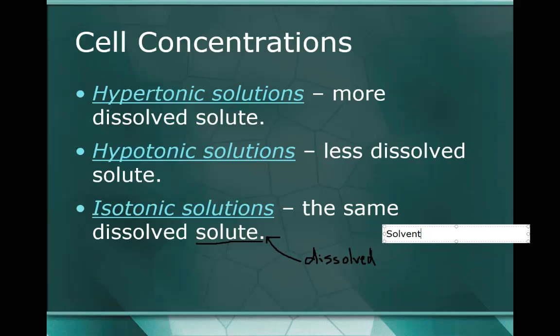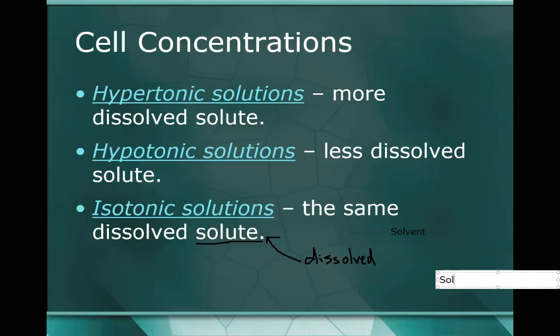So solute is dissolved, solvent does the dissolving, and together those produce a solution. Let's go ahead and do our drawing tool. Solvent plus solute come together, and that's going to produce a solution.